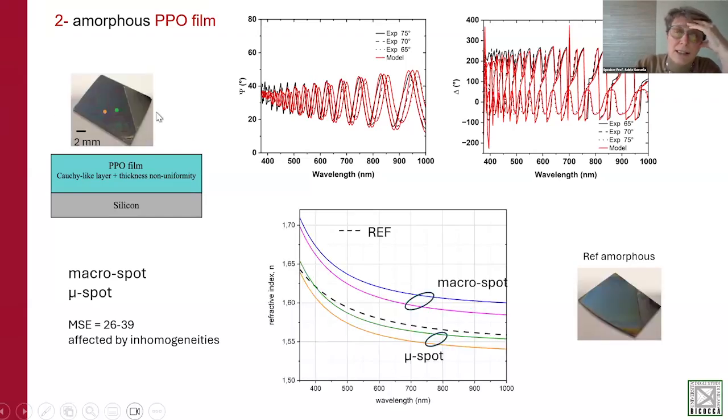If we take the same sample and measure over a millimeter-size, macroscopic spot, or over a microscopic spot, around 100 microns, the two measurements give two different curves in terms of refractive index.